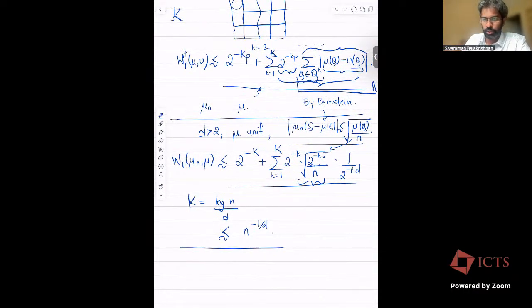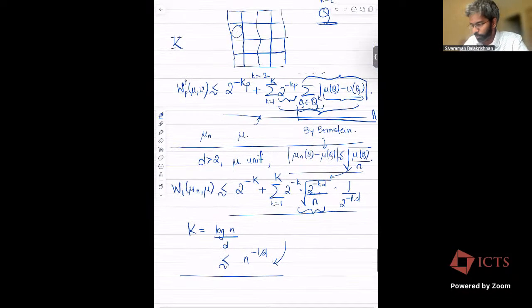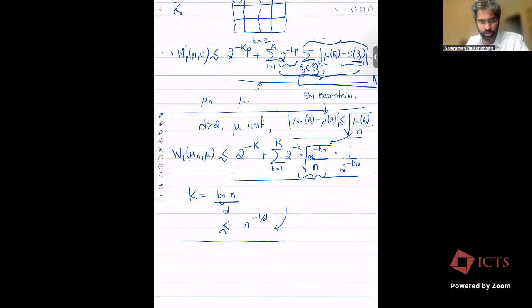It just says, look at all these cubes and say, what is the empirical to population deviation along these cubes? And then you put it all together and you get a bound. And you can see that there's nothing very specific to W1 being used. This dyadic partitioning bound works for any WP. And so you can do exactly the same argument and you will get these rates for general WP as well.